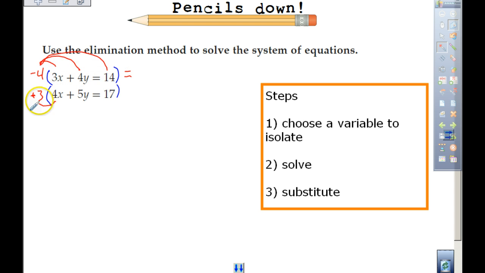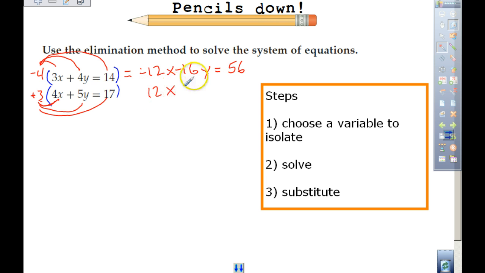And again, don't forget, you have to multiply the entire equation. So we have negative 12x minus 16y equals, let's see here, that'd be 40 plus 16, that's 56. Is that right?